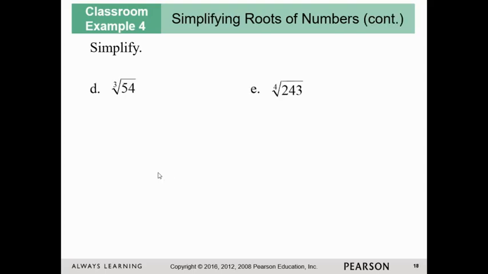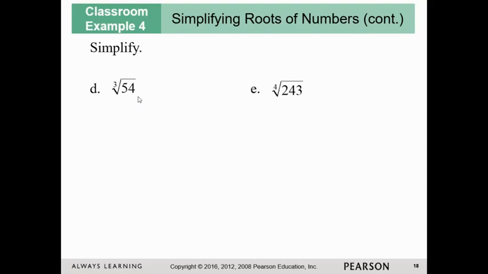Now these next ones are higher order roots in simplifying. Now there's not going to be any of these on the test, but there are a couple of homework problems. So this time, instead of finding a perfect square factor, we've got to find a perfect cube factor of 54. This is a little bit harder to think about than the perfect square factors.